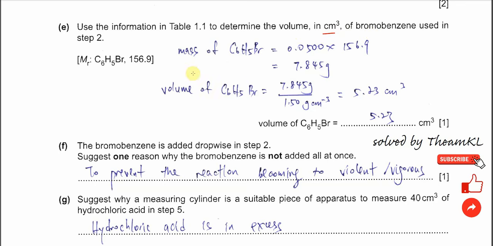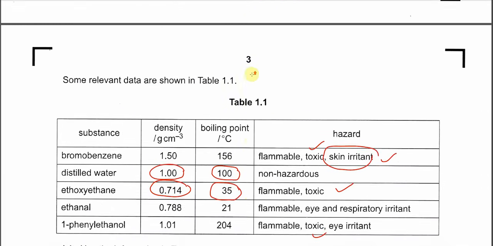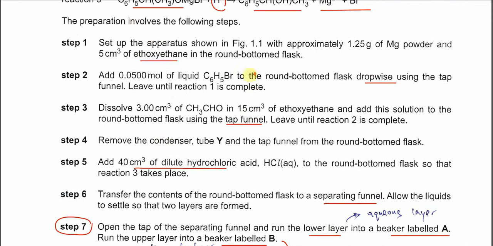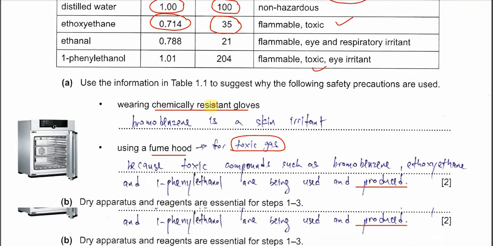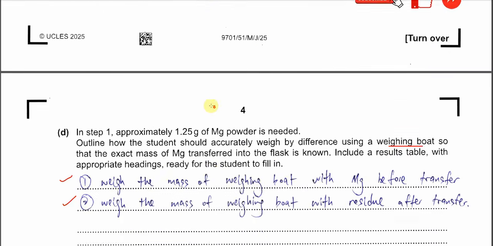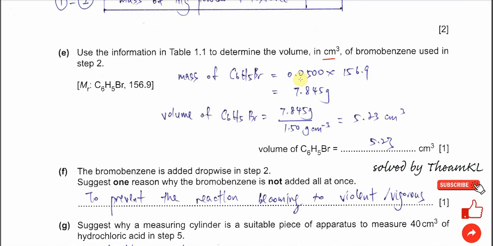In step 2, 0.05 moles of bromobenzene is used. So we use this mole for the calculation. 0.05 moles times its molar mass given in the question, 156.9, gives 7.845 gram.